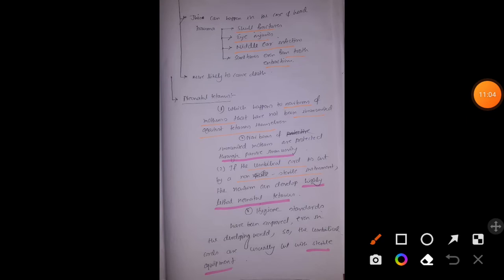This kind of tetanus also has some extra symptoms, for example drooling, difficulty swallowing, excessive sweating, fever, etc. These extra symptoms are collectively called sympathetic overactivity. And this is all about generalized tetanus.